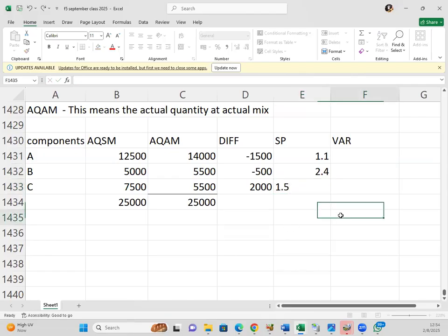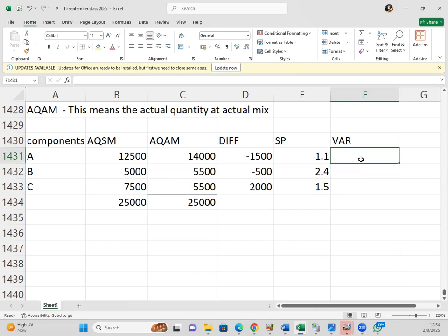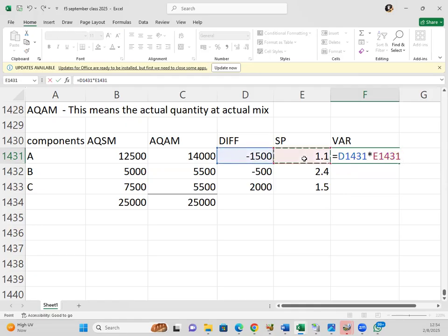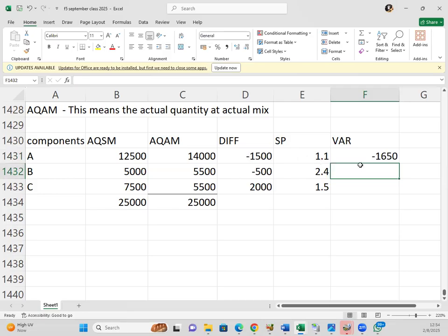Then for the variances, you multiply. So that's the difference times 1.1. So that's 1,650. So you do that throughout. So these are the variances per unit.